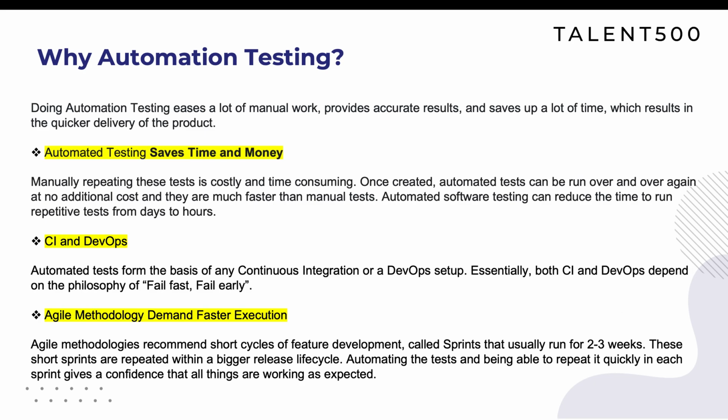You cannot implement CI/CD or DevOps, you cannot properly match the agile methodology, and what will happen at the end of the day? You will make a release which is prone to a lot of errors, which as a QA or quality checker, guys, we should not do, right?